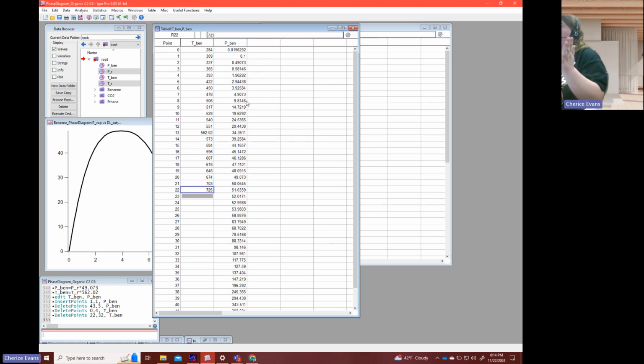If I were in a much smaller phase diagram, say for krypton or neon, where my temperatures are all going to be much closer to each other, I might have to round to the nearest 0.1 degrees or 0.01 degrees, depending upon where I'm at. So you have to make a judgment call in terms of your isotherms and how far apart they are.